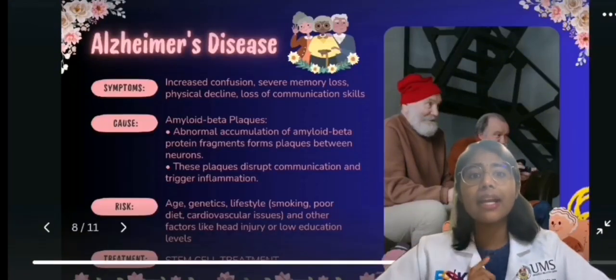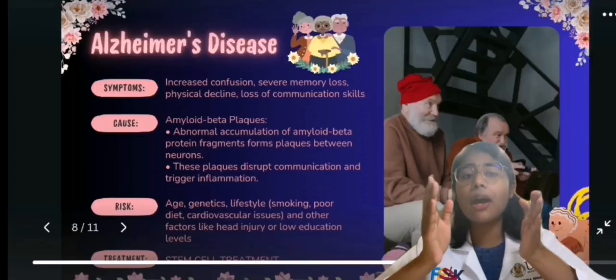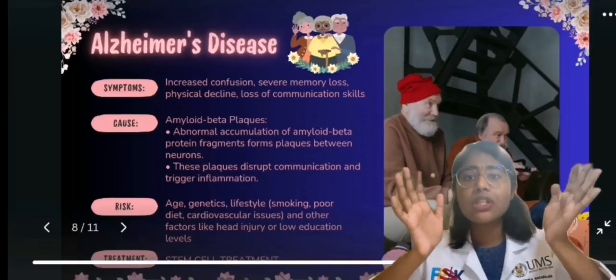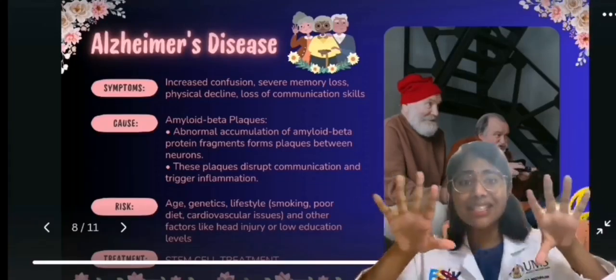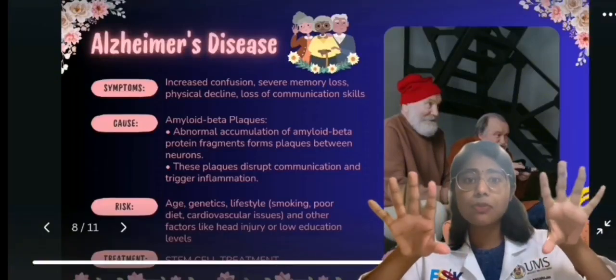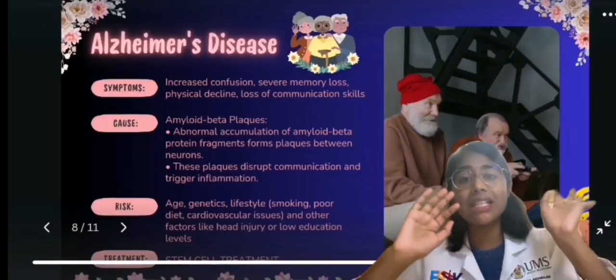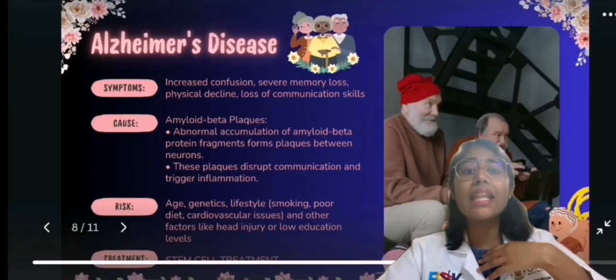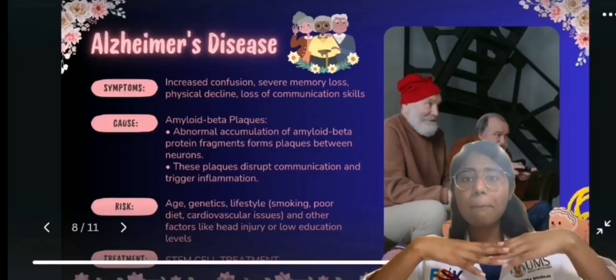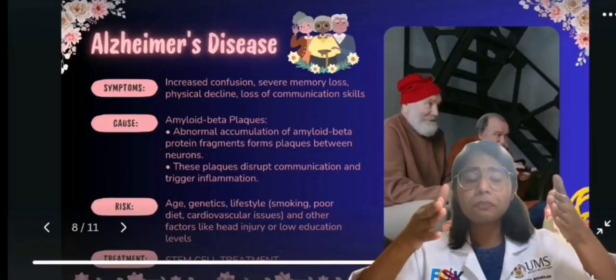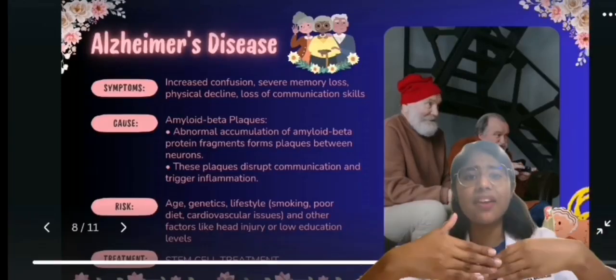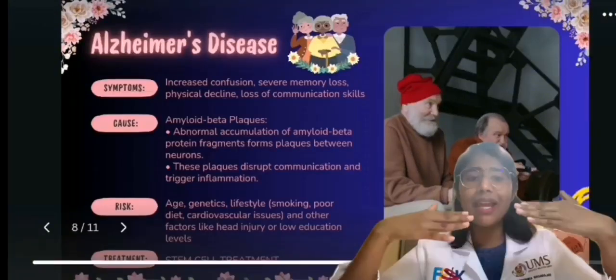Remember that I mentioned the neuroglia, right? These neuroglia are assisting cells in the brain, which help to clear debris and maintain neurons. But in the case of Alzheimer's, neuroglia become overactivated by the growing amyloid plaques.